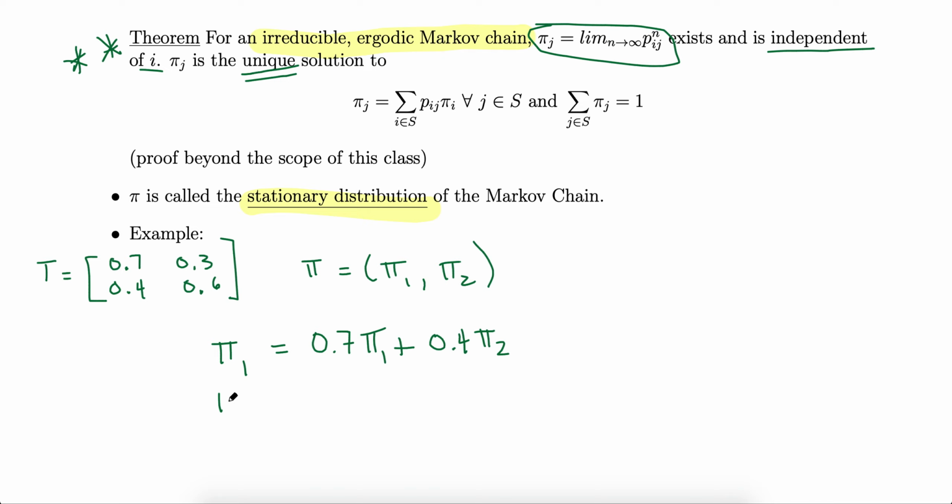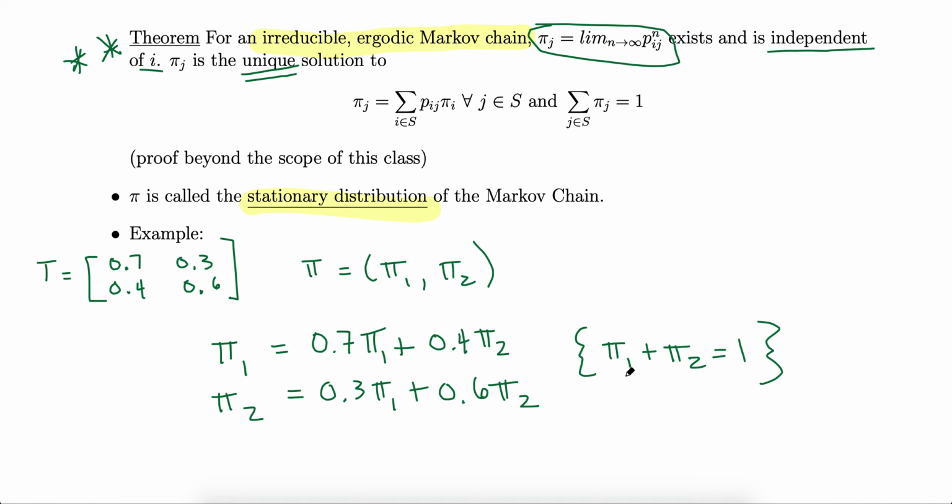Then I have pi 2 is equal to p12, this guy, 0.3, times pi 1, plus p22, so 0.6 times pi 2. And of course we also have that pi 1 and pi 2 must sum to 1.